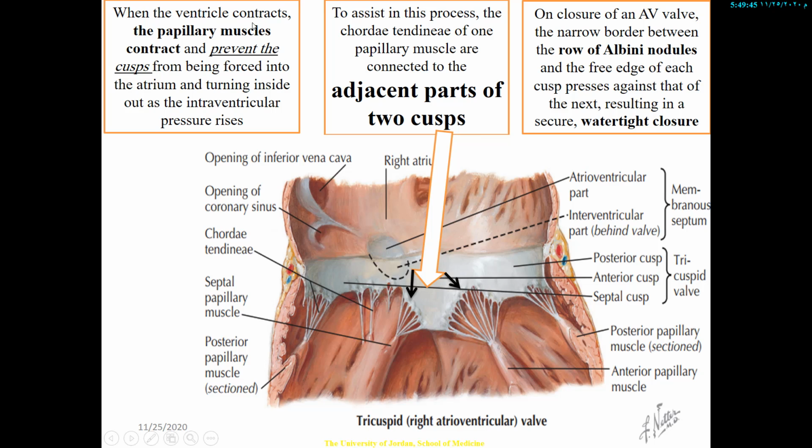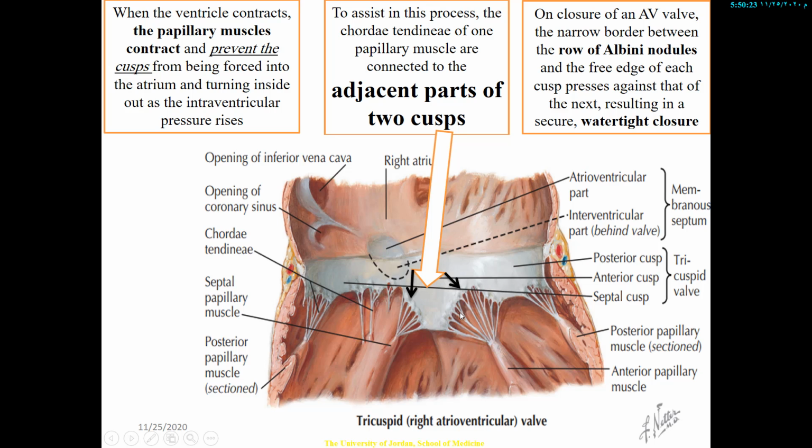Now, when the ventricle contracts, the papillary muscles contract and prevent the cusps from being forced into the atrium and turning inside out as the intraventricular pressure rises. To assist in this process, the chordae tendineae of one papillary muscle are connected to the adjacent part of two cusps.